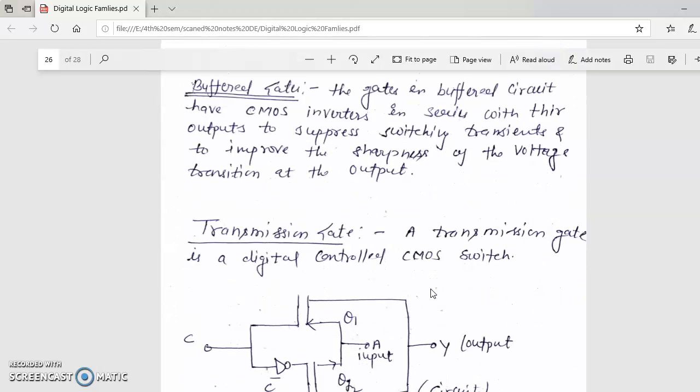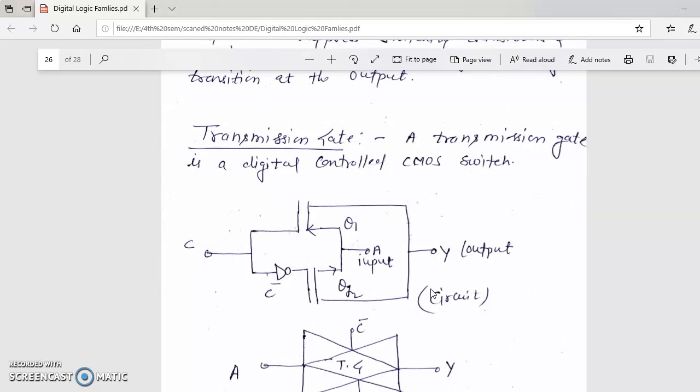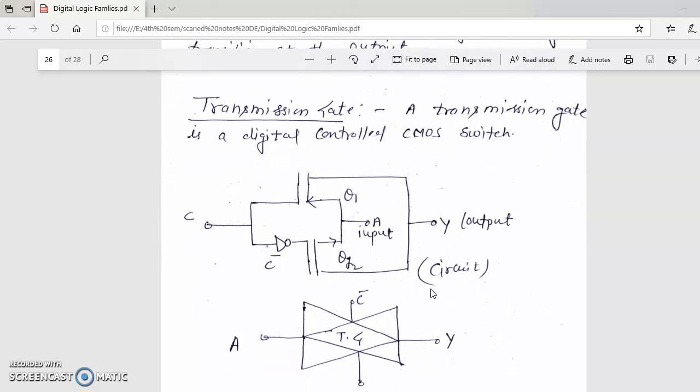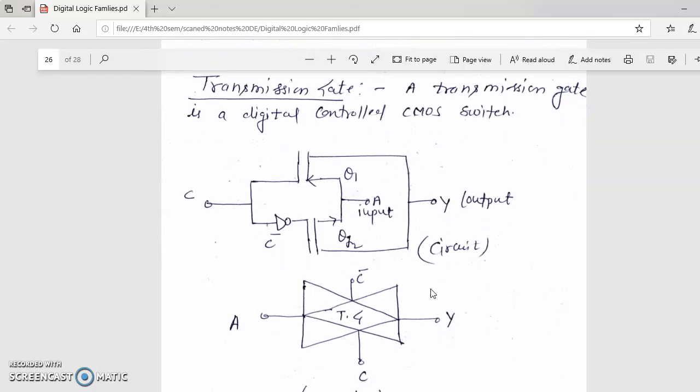And finally, we are also familiar with the transmission gate. What is a transmission gate? A transmission gate is a digitally controlled CMOS circuit. It consists of a CMOS pair, that is Q1 and Q2, controlled by C, and this is the inverter giving C bar. Q1 and Q2 form the CMOS circuit, and we apply the input terminal here and get the output.